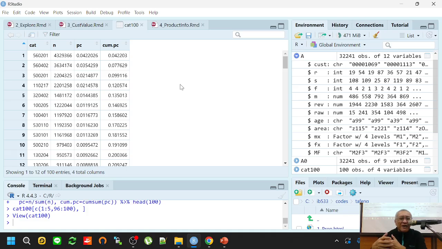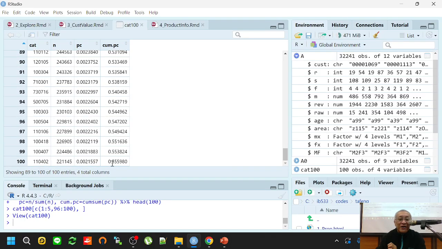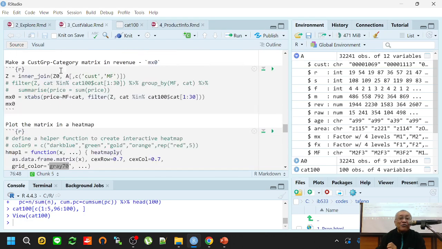When you are analyzing product category, you cannot analyze all of them because there are too many, right? So in this case, I only want to care about the top 100 category, and they generate more than a half of our total revenue, right? So this 100 category, I want to get it out, okay?